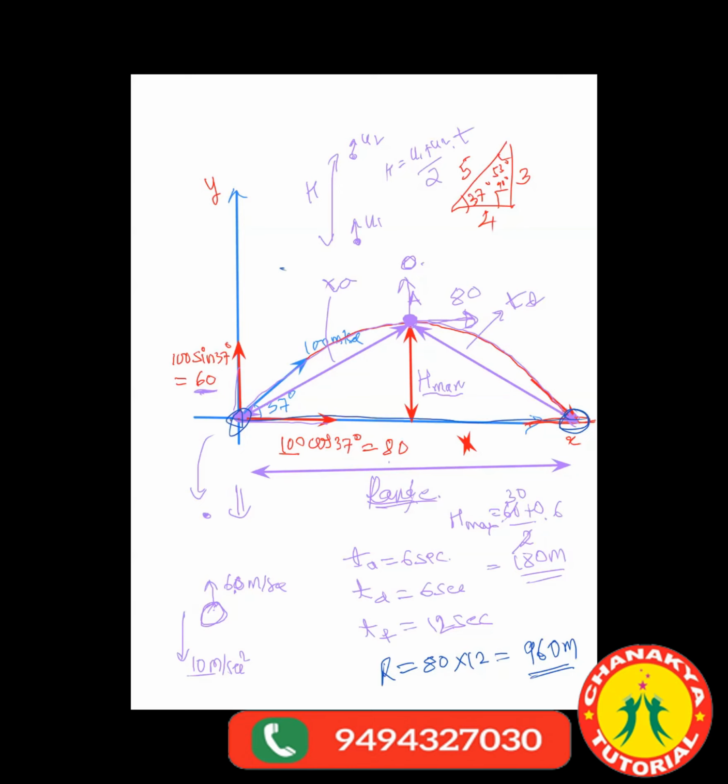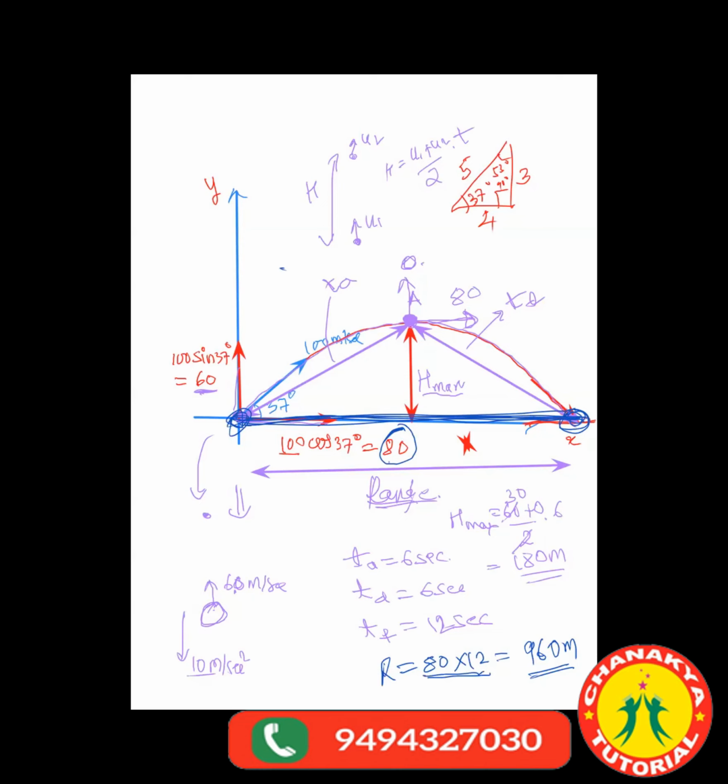The range is nothing but this much distance, the total distance. So you know that velocity is 80, right? And time taken from here to here is how much? 12 seconds. So I'm just multiplying velocity into time. That will give me the distance, right? Yes, sir. Understood now? Yes, sir.